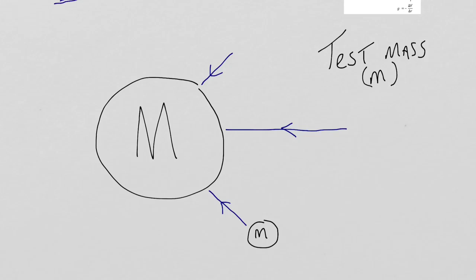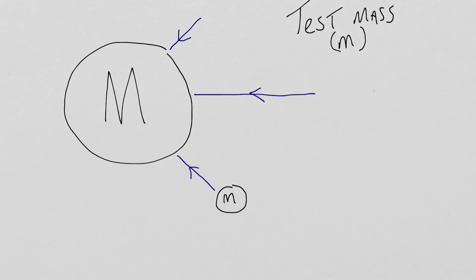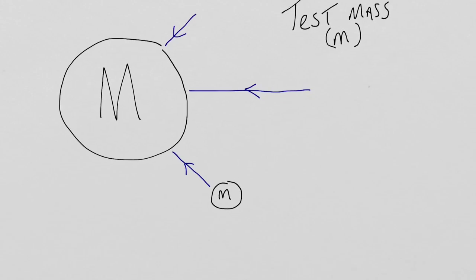And very quickly we start to see that all the field lines radiate towards the centre of the large mass. Okay, so for Earth, for instance, that would be the centre of Earth, but for any mass, all the field lines will head towards the centre of that mass. It's worth noting that these field lines are what we call radial.